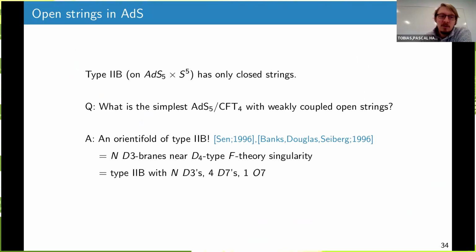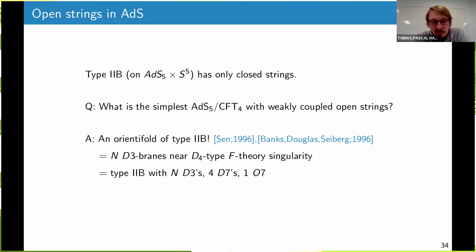So first of all, we have to talk about where we see open strings in AdS5/CFT4. Type 2B in AdS5 cross S5 has only closed strings. So we ask ourselves, what's the simplest AdS5/CFT4 with weakly coupled open strings?